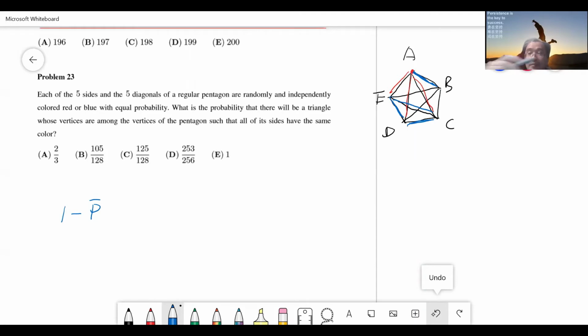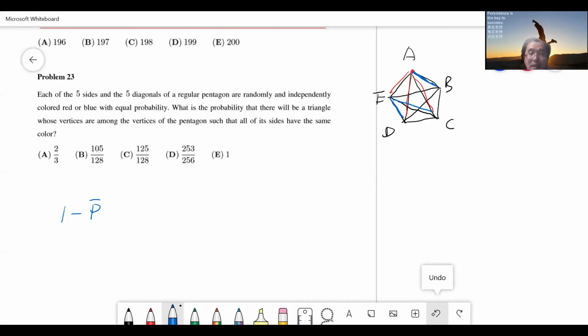Again, you see this is going to be a triangle with the same color. This does not work. You won't find any configuration that gives you no triangle with the same color. This does not work, right?